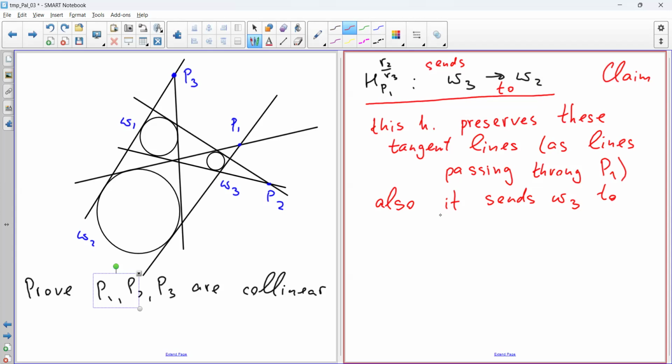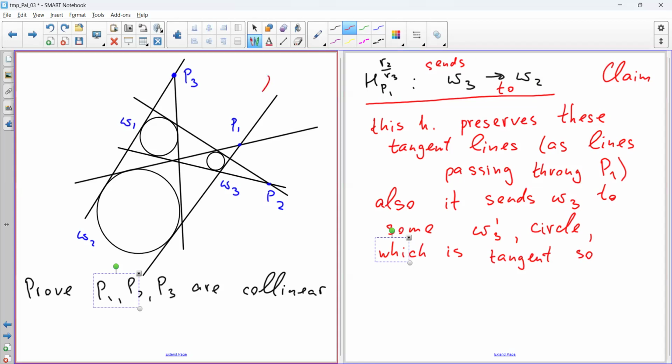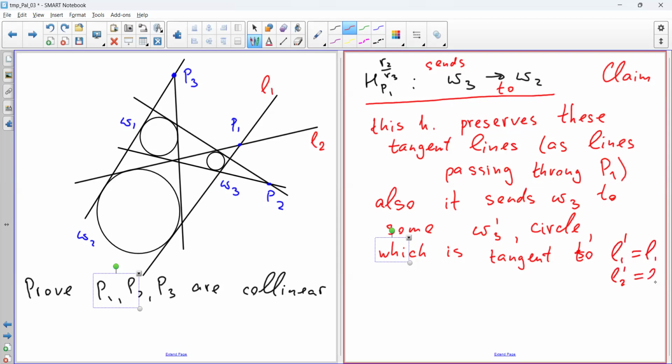Also, it sends omega-3 to some omega-3 prime, which is a circle, and which is tangent to, let these be L1 and L2, which is tangent to L1 prime, which is equal to L1, and L2 prime, which is equal to L2.